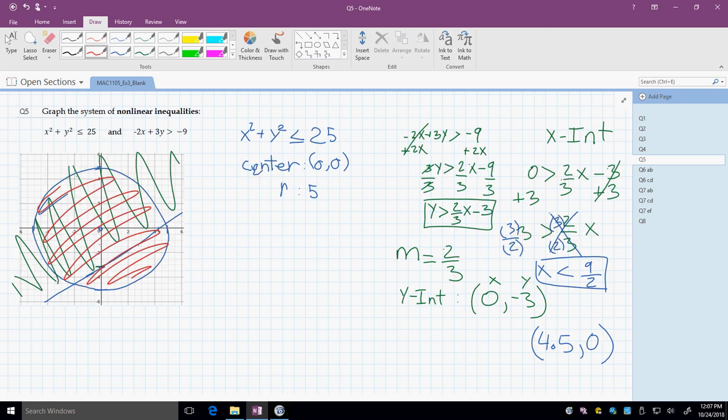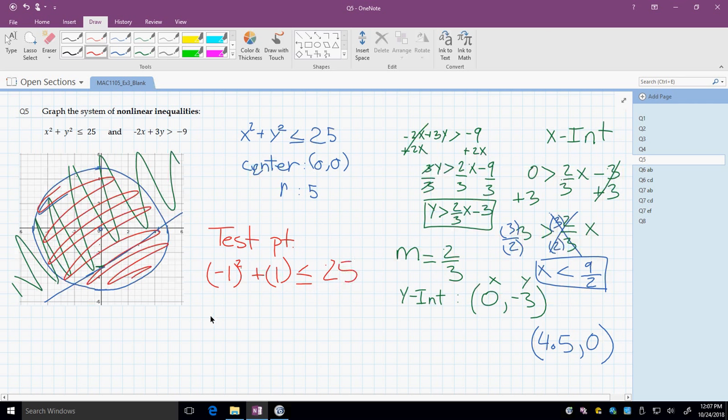And we can use some points to check. We're going to do that with the red. So the test point is going to be -1 and 1, less than or equal to 25.